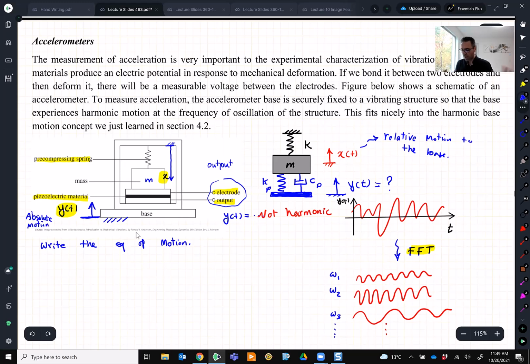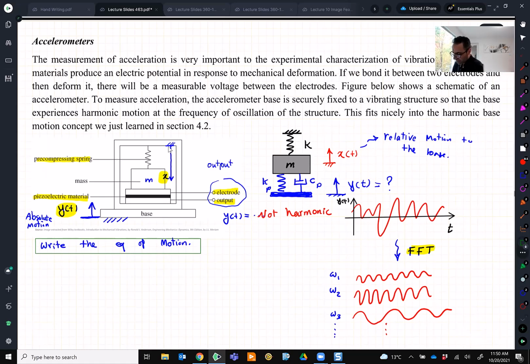So you have this frame, this box. This box is moving with y(t) because it's attached to the ground, but this x is being measured with respect to this frame. Develop that one for me as practice, and it is also important to work on it.